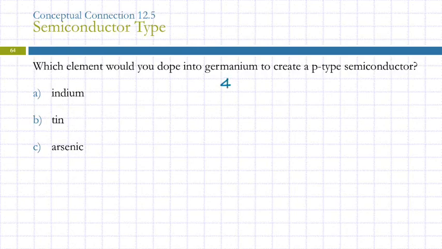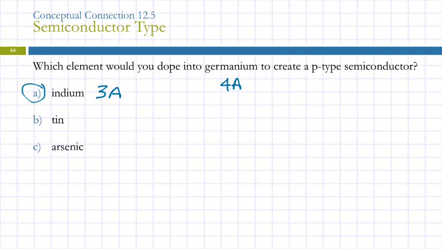So it's got 4 valence electrons. We want something with fewer valence electrons, so we're looking for group 3A. Which of these is in group 3A? Indium. It's got 3 valence electrons. That's going to leave holes in the valence band.